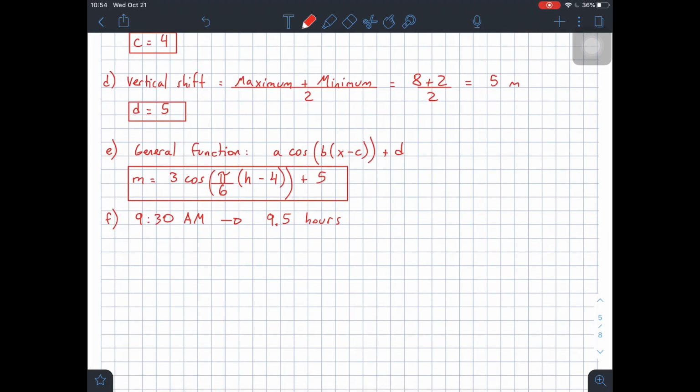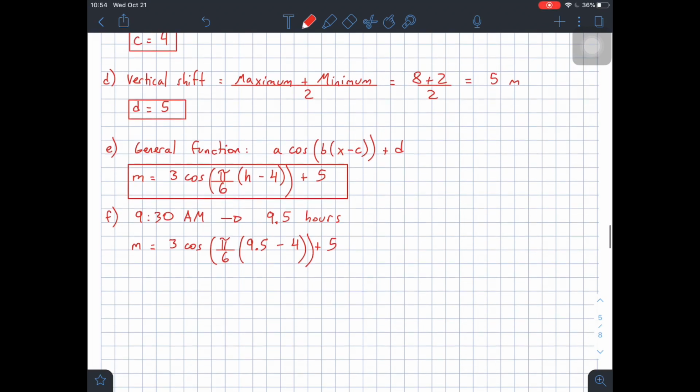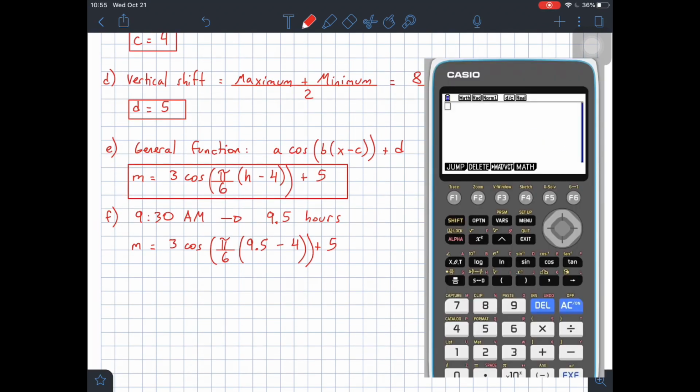So you see how we can use this model already in order to find the depth of the water. So we're going to say that M is equal to 3 times cosine of pi over 6 times H, which is 9.5, minus 4, plus 5. There you go. So if you use the calculator for this, let me show you.